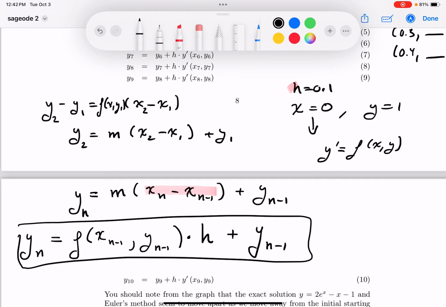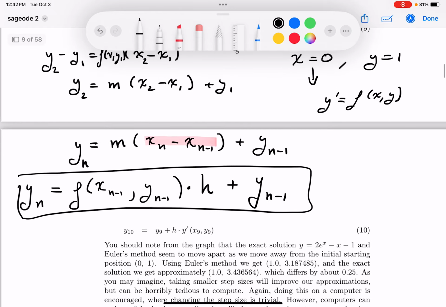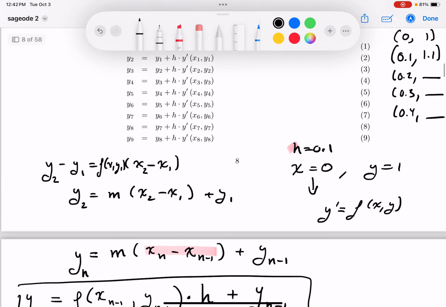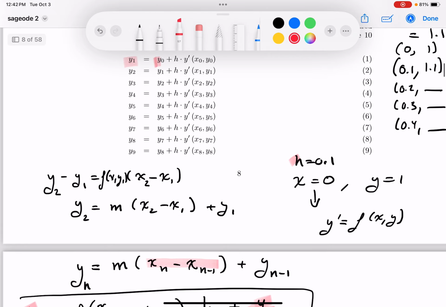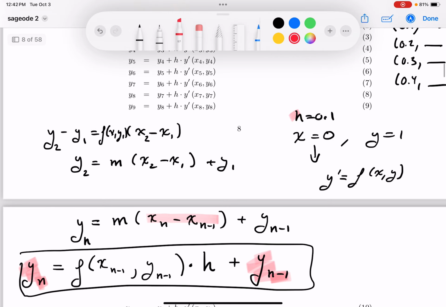I want to go back up here, and if I'm putting numbers down over here, let's just see if what we just derived is reflected up here. So y1 would be y0 plus h times y prime, that's this thing over here, and that's going to be f of x0, y0. It looks fine.